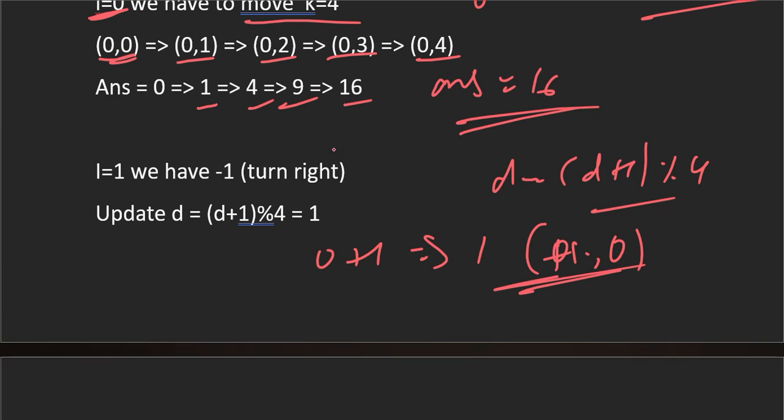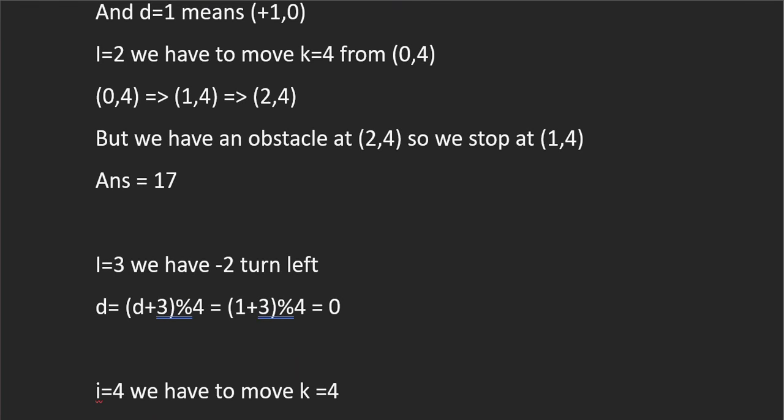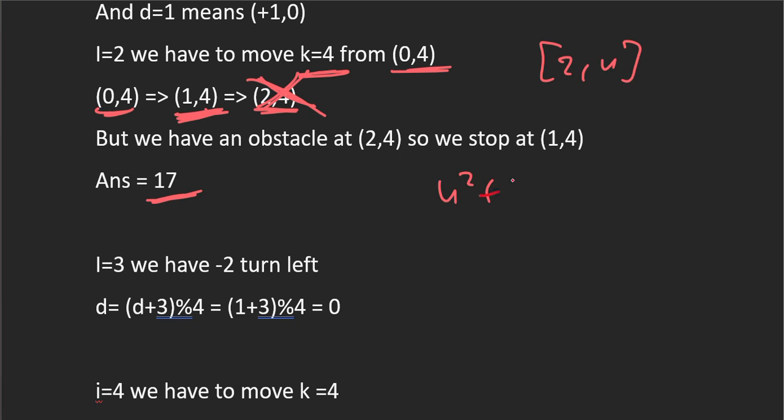And for i equal to 2 we again have to move k equal to 4 from 0 comma 4. So from 0 comma 4 we move to 1 comma 4, then from 1 comma 4 we have to move to 2 comma 4, but there is an obstacle at 2 comma 4, so we won't be going to 2 comma 4, we will be stopping at 1 comma 4 only. And up to this point our answer will be 17, that is 16 plus 1 square, that is 17, right?